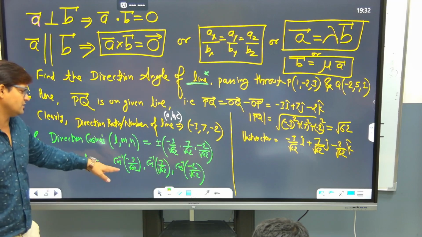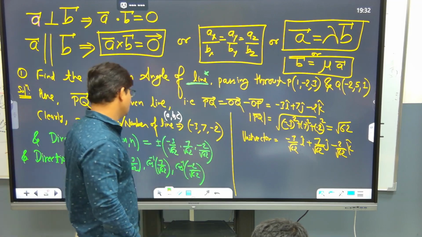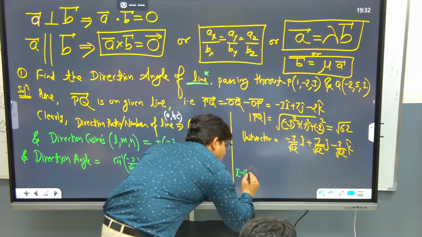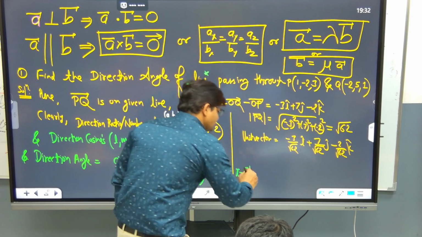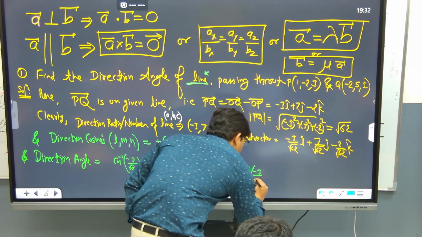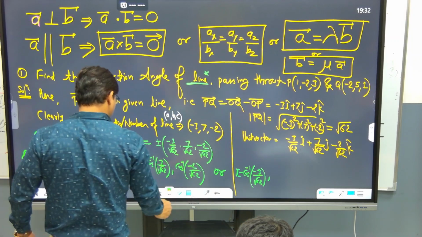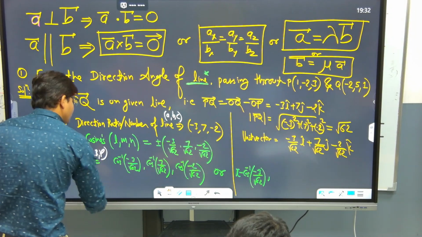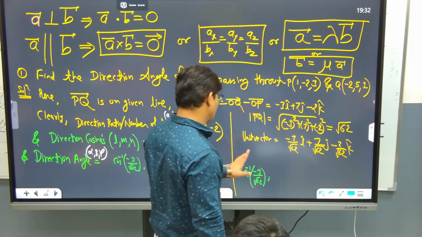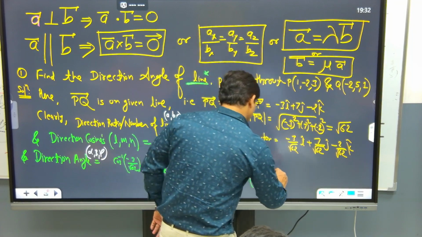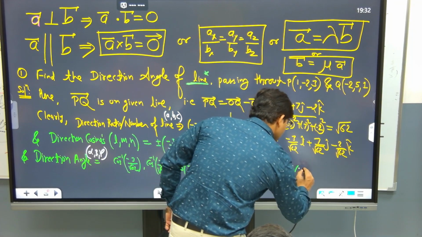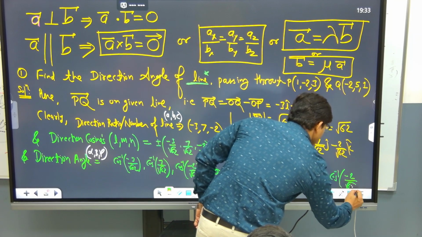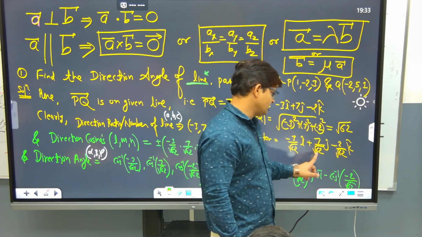Or we can write pi minus each of these angles. So the direction angles alpha, beta, gamma are cos inverse of minus 3 by root 62 or pi minus that; the second value, pi minus cos inverse of 7 by root 62; and the last value, pi minus cos inverse of minus 2 by root 62.